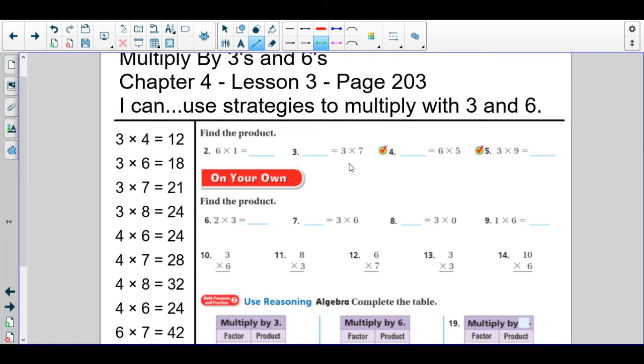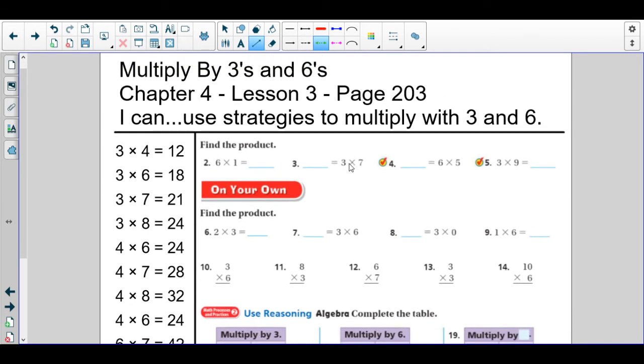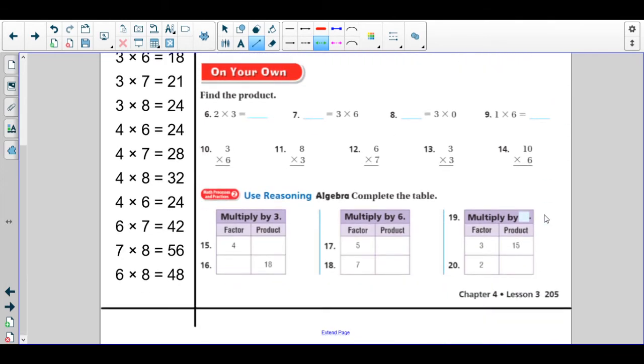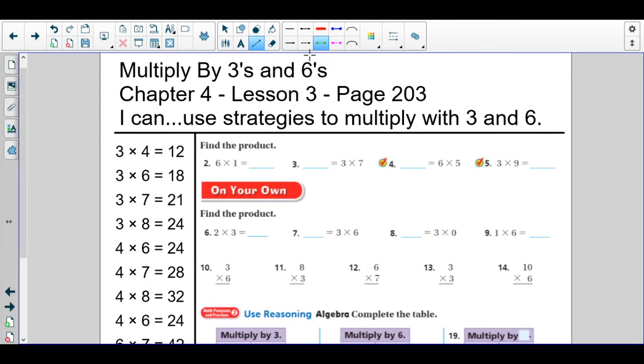So let's get to our lesson here. I am not going to go through everything in this, because I think that once we have these strategies down, it becomes pretty simple to look at. So we're going to jump right into page 205.